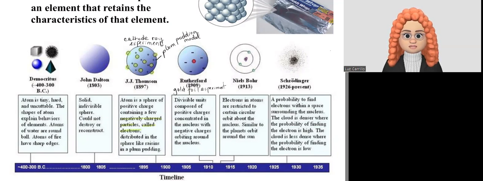And this nucleus of an atom, at least in his theory, is symbolized by that red circle that you see in the middle. That's going to be the nucleus of an atom. And in that nucleus, because it was positively charged, that's the location of the protons.